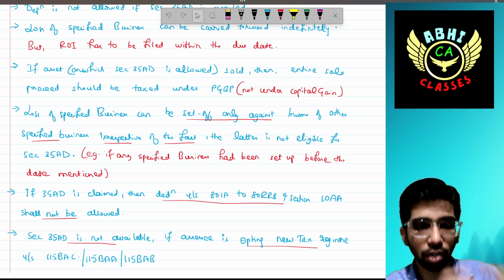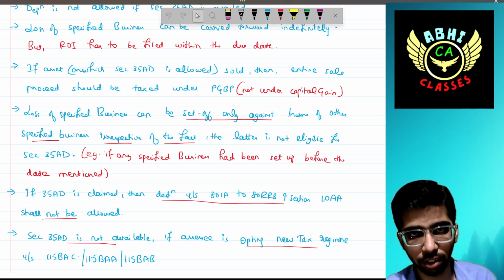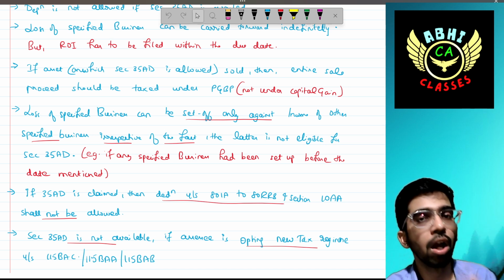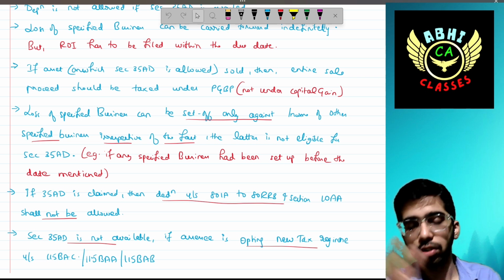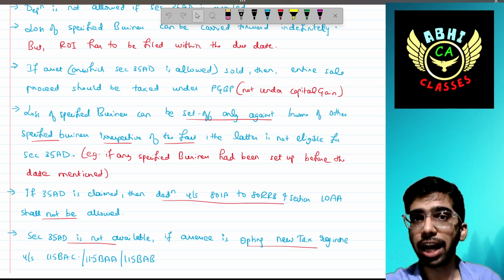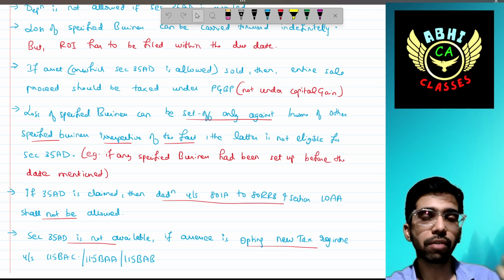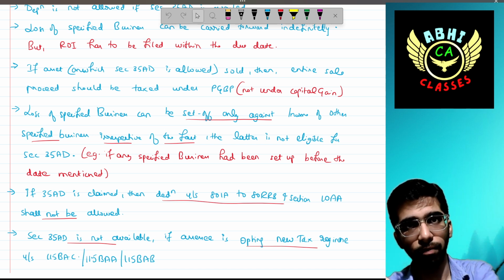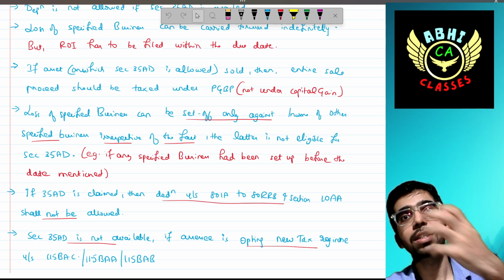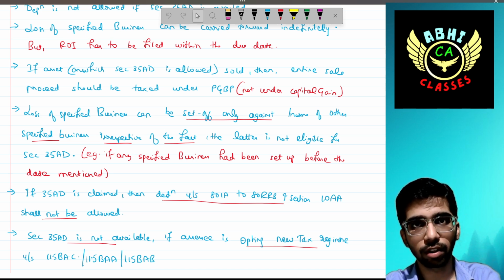For example, in the first year, you are engaging in a business of cold chain facilities, and you are incurring some loss. In the second year, you are closing that business. If you are starting the manufacturing of sugar, in that you are earning an income. That loss of previous cold chain facilities can be set off here, but that loss cannot be set off against business other than specified business.